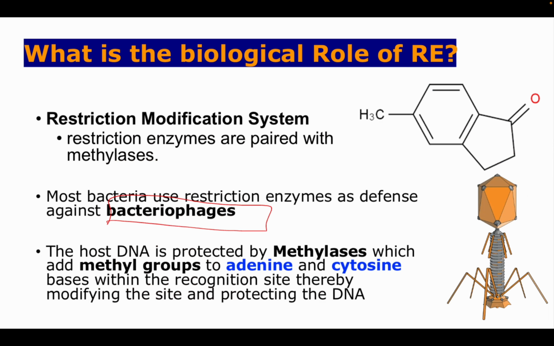And another thing, as I have mentioned, it's the methyl group that will protect the host DNA. The methylation prevents the recognition by the restriction enzyme, because the restriction enzyme will not cut the DNA of the host cell because of the presence of methyl.